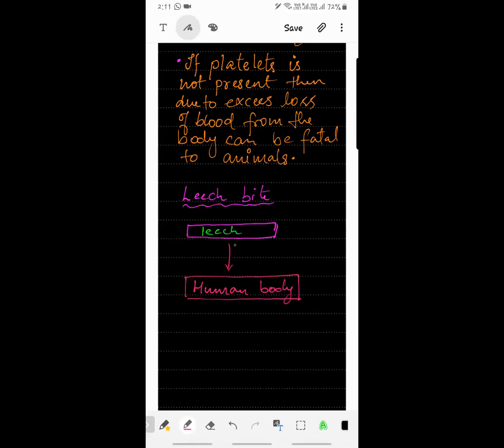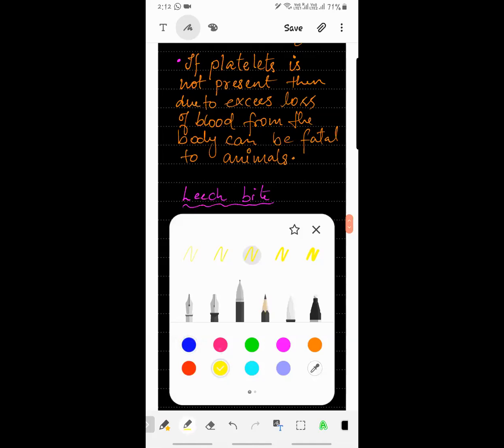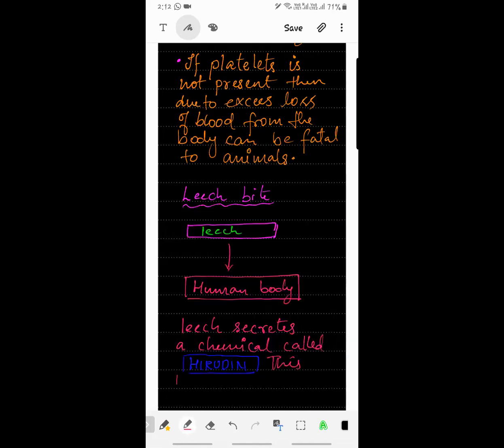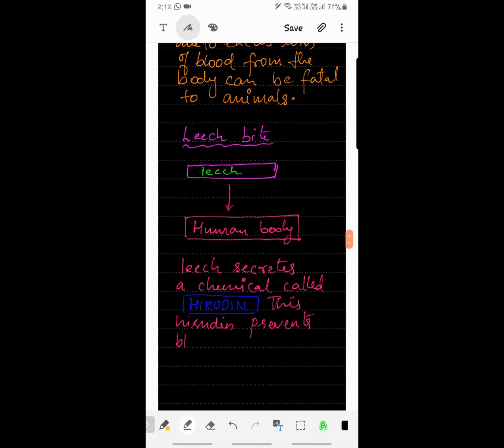Whenever a leech bites, it secretes a chemical called hirudin. This hirudin prevents blood clots.